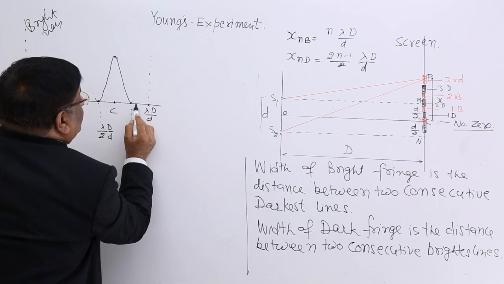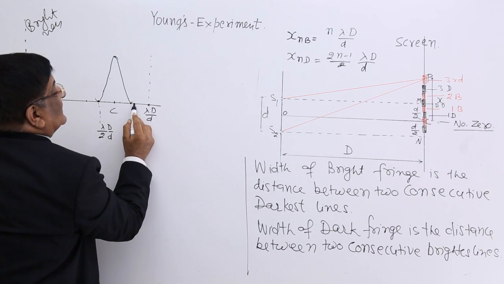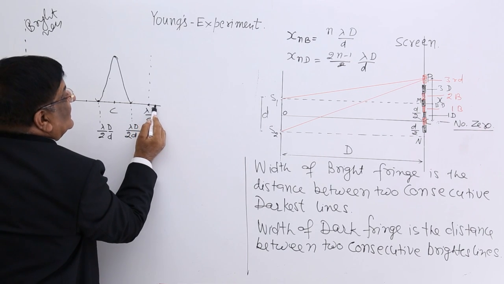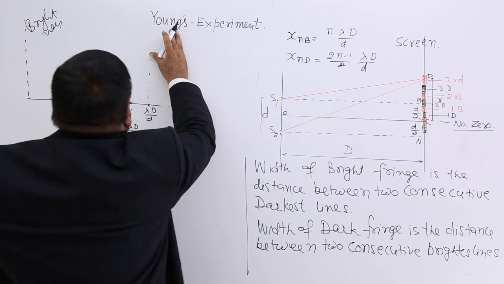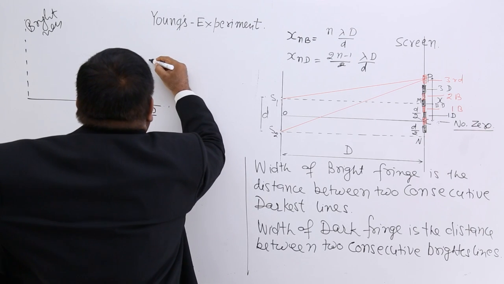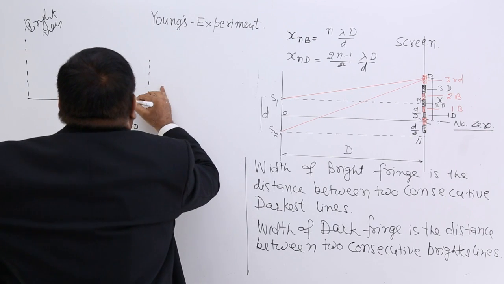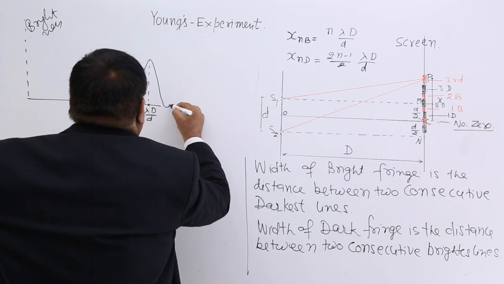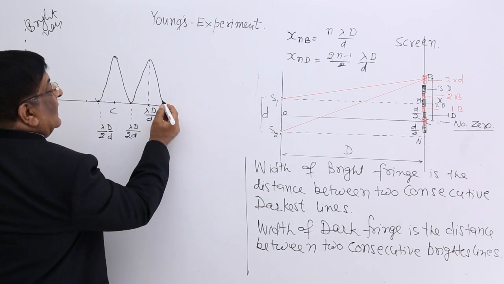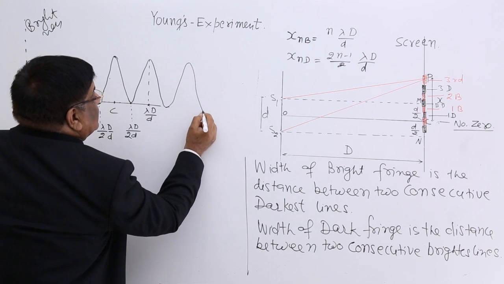From this point, brightness starts increasing to maximum, then decreasing to minimum. So, we make a graph here which is like this. Again, it is like this.